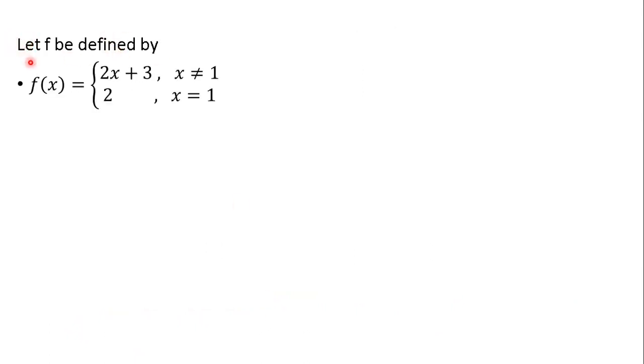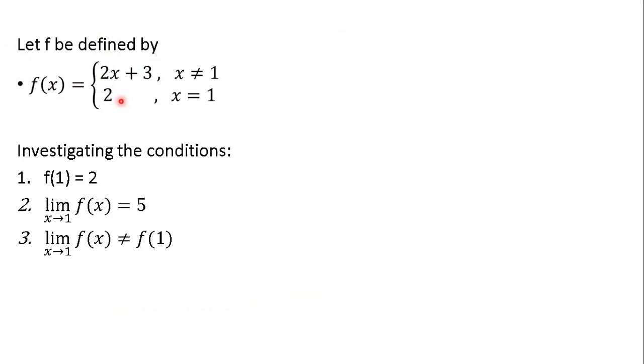For the first example, let f be defined by f of x equals 2x plus 3 if x is not equal to 1, and f of x equals 2 if x is equal to 1.